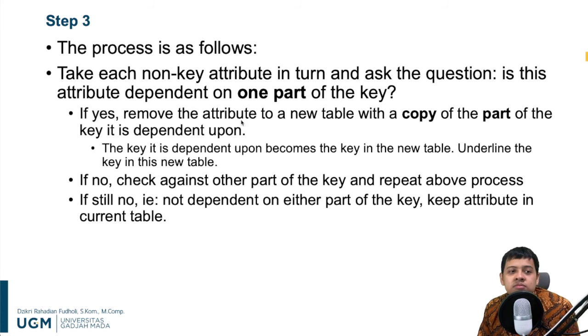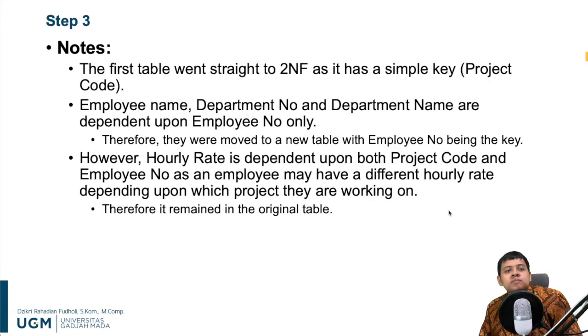If yes, we remove the attribute to a new table with a copy of the part of the key it is dependent upon. The key it is dependent upon becomes the key in the new table. Underline the key in this new table. If no, check against the other part of the key and repeat the above process. If still no, then it is not dependent on either part of the key, so keep the attribute in the current table.